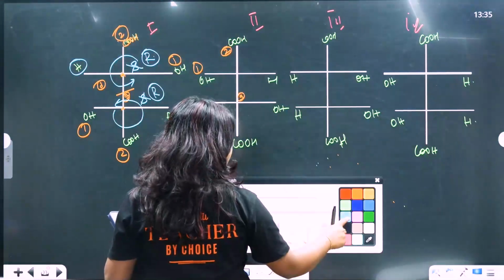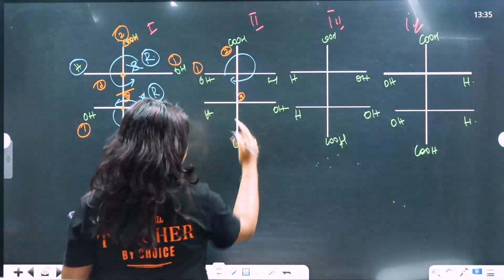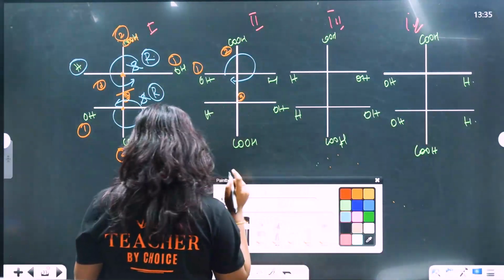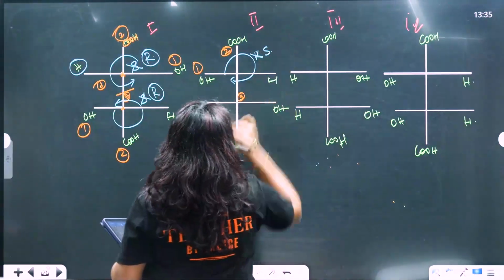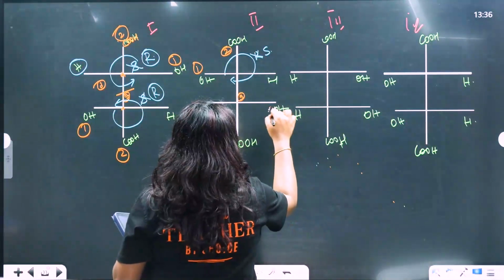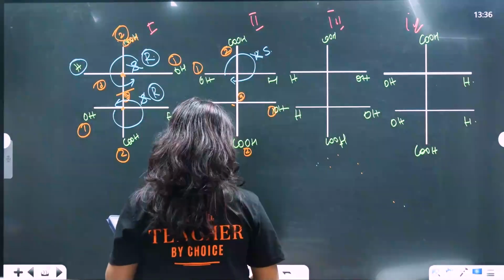First and second is more than enough. So it will be going like this. It will be R configuration if it is like that, right? Clockwise. R configuration, we will be expecting it R, but since hydrogen is in the horizontal position, it will be S.